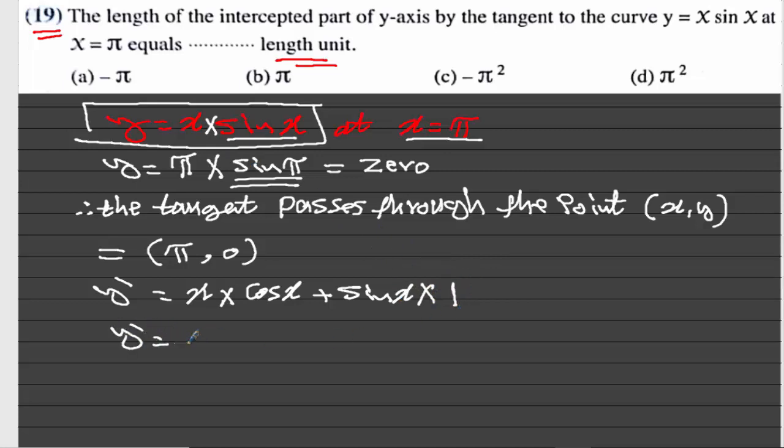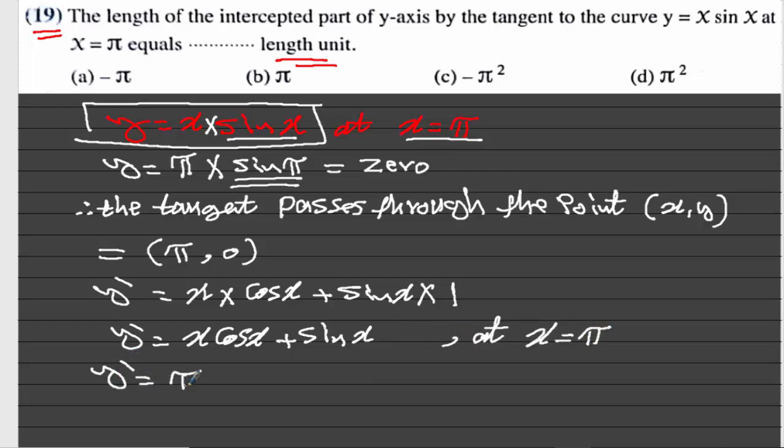So y dash equals x cosine x plus sine x. And now at x equals pi, y dash equals pi cosine pi plus sine pi. We know that sine pi equals 0 and cosine pi equals negative 1, so the result equals negative pi.